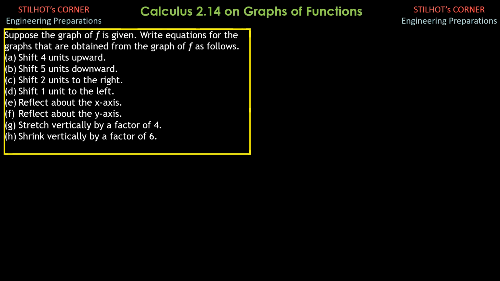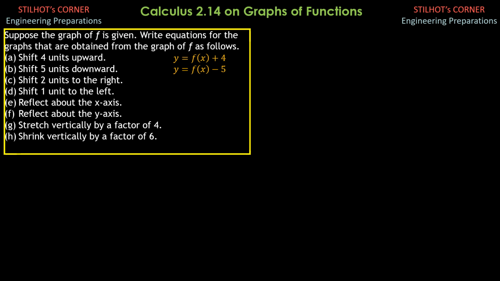A, shifting 4 units upward means you have to add 4 to y equals f of x. Therefore, the equation is y equals f of x plus 4. Then shift 5 units downward, so y equals f of x minus 5. Shift 2 units to the right, so the function becomes y equals f of quantity x minus 2.